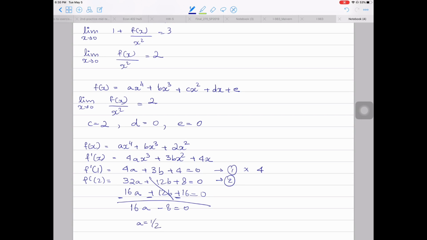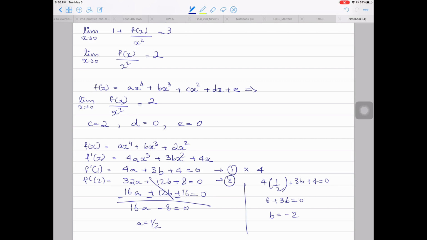If we plug the value of a into any of these equations, we get 4 times half plus 3b plus 4 equals 0. So we get 6 + 3b equals 0, which tells us that b is negative 2.